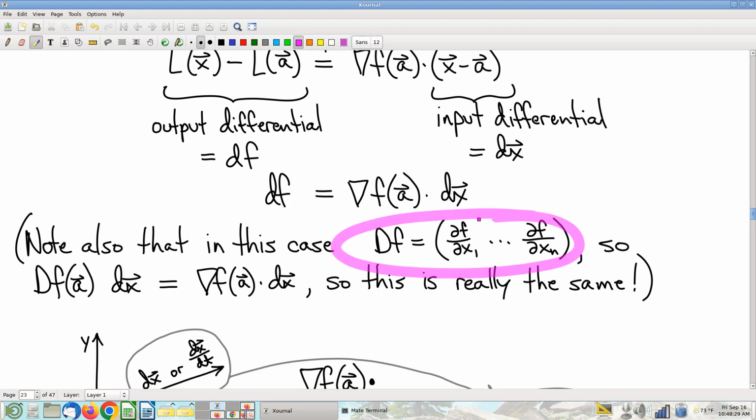Right, the right-hand side of the equation is derivative matrix times dx, and this being a matrix, this being a vector, this is matrix times vector, and the way you multiply a matrix times a vector, well, the matrix is a single row, and so you're going to go across that row and then down the dx. It's a dot product, right?